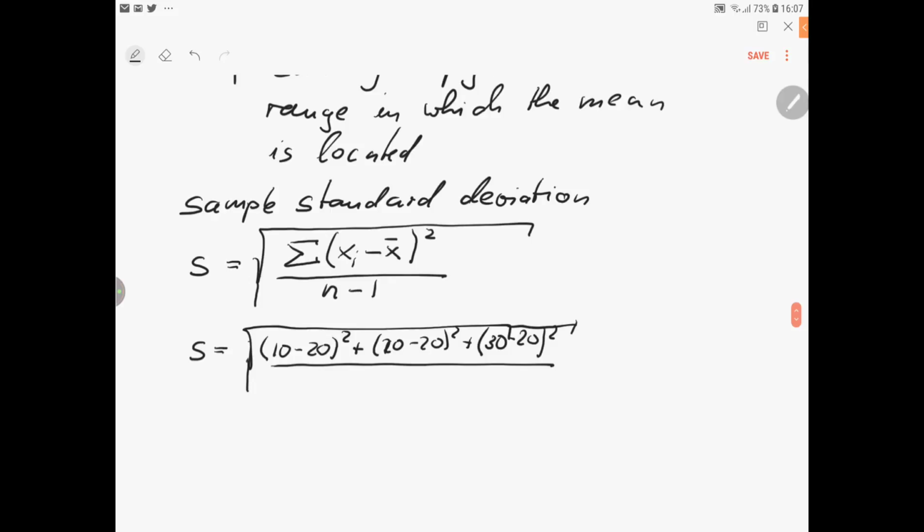We had three observations, so we have 3 minus 1.